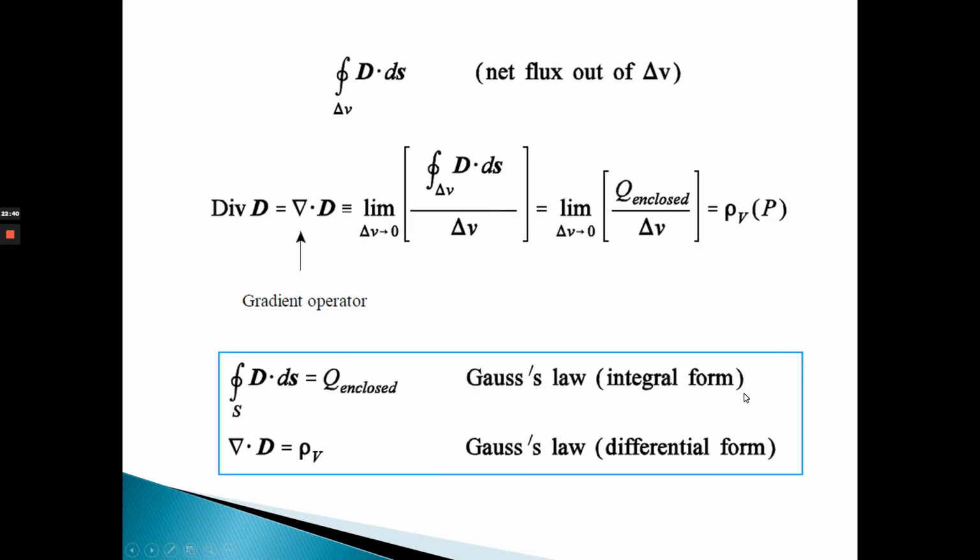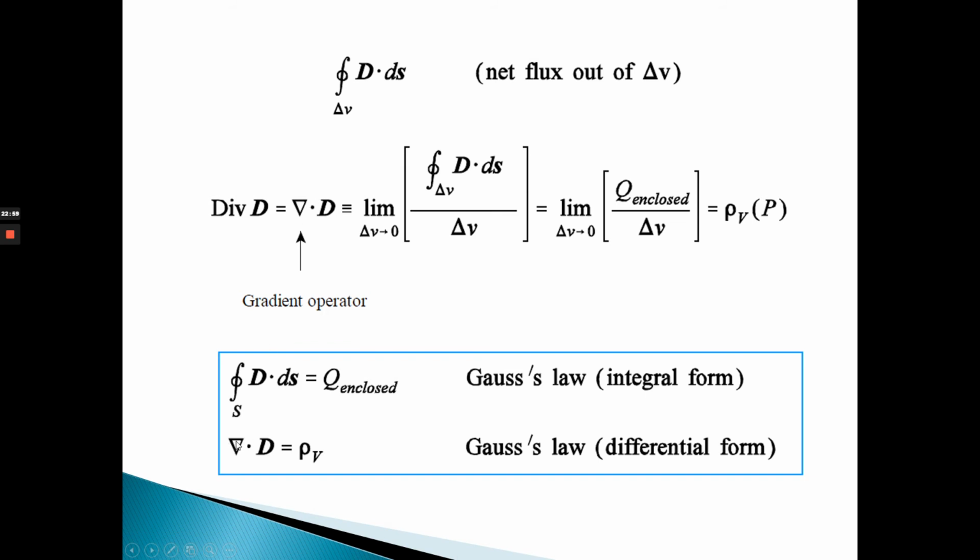So we move on. Gauss's law integral form, we already know this, right? And there is one more form, which we call the differential form. This is the divergence, right?